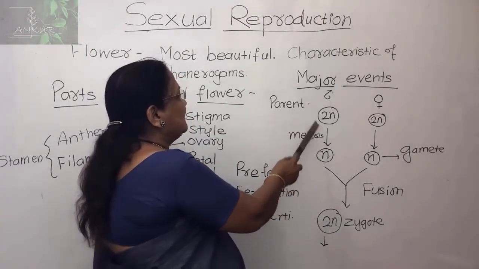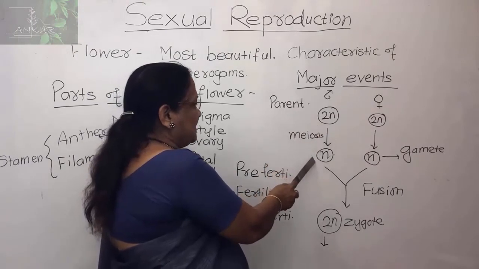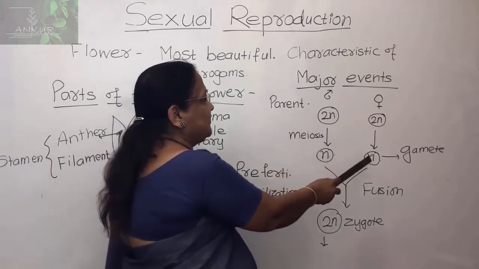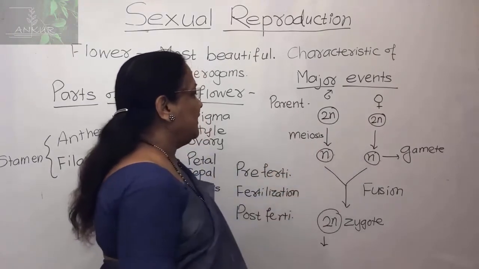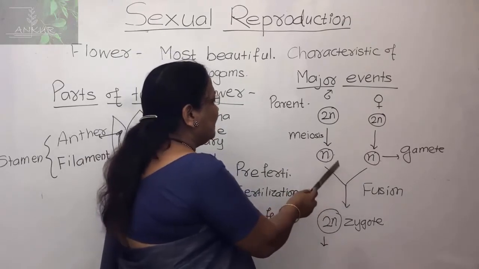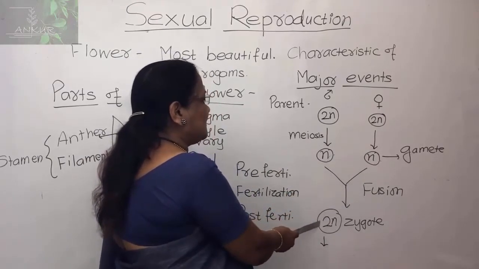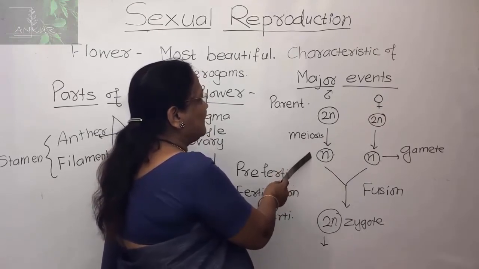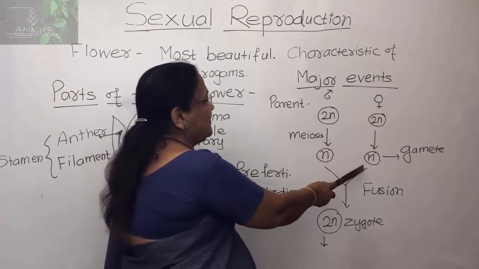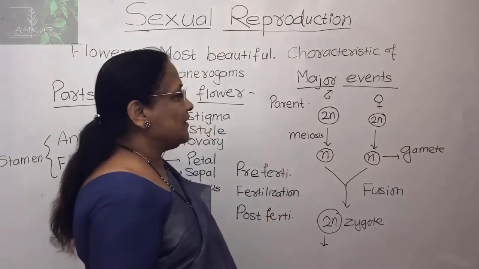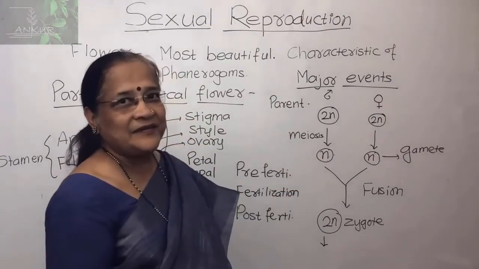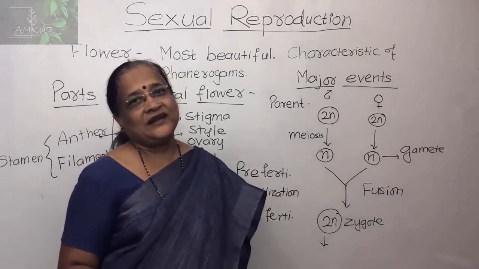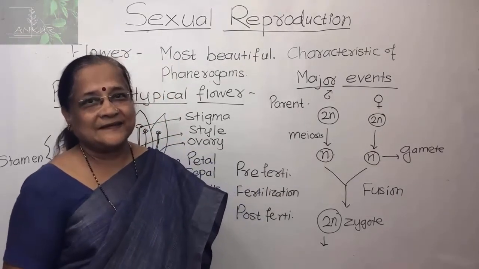So here the two gametes, the male gamete and the female gamete, get united or fused, and we get the formation again of the diploid structure, with one gamete from the male and another gamete from the female. Fusion of these two male and female gametes is called fertilization.